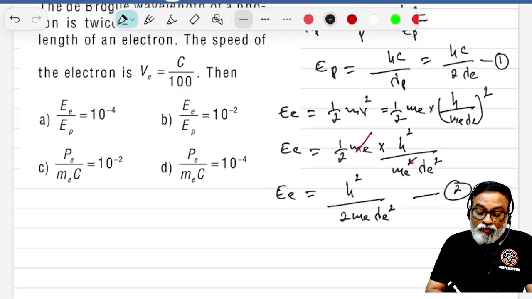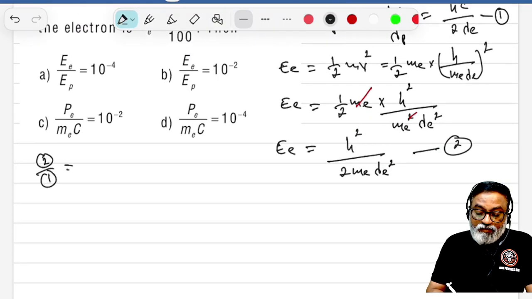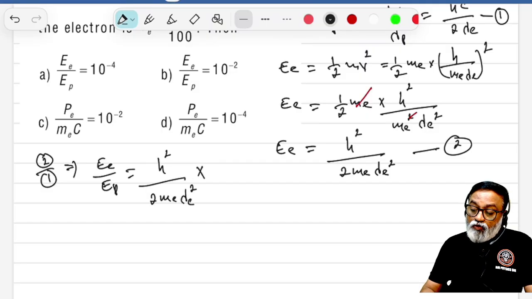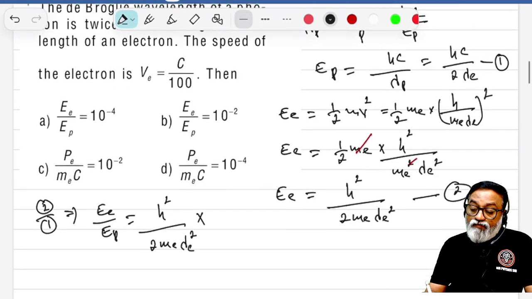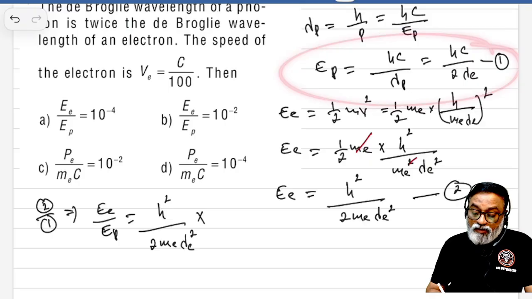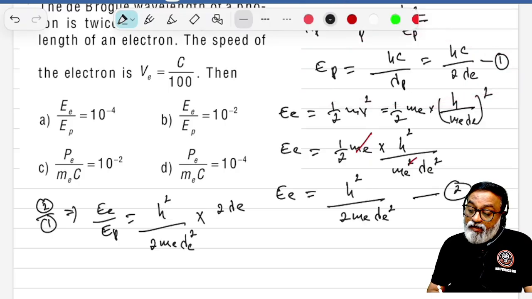Then 2 divided by 1, that implies energy of electron by energy of photon. Energy of electron is h square by 2 m e lambda e square into, this becomes energy of photon, that is hc by 2 lambda e, so this becomes 2 lambda e by hc.